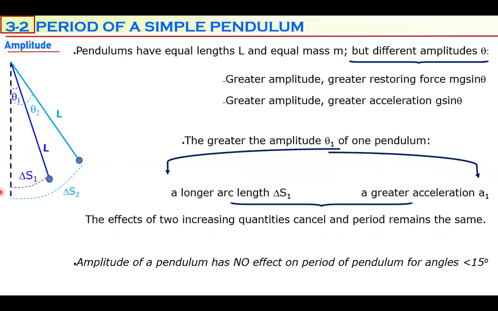So these two increasing effects cancel one another, and that's why the period for this pendulum and that pendulum are equal. For that reason, we say that amplitude has no effect on the period, but of course it has an effect on arc length.